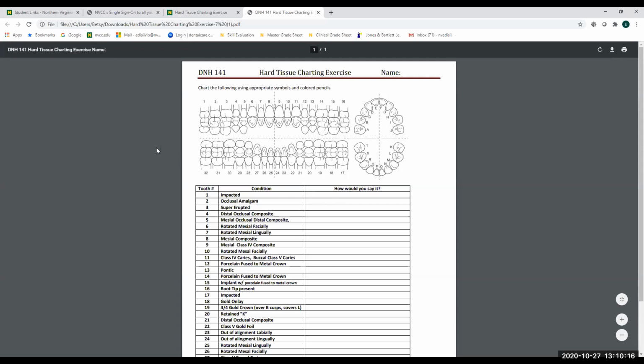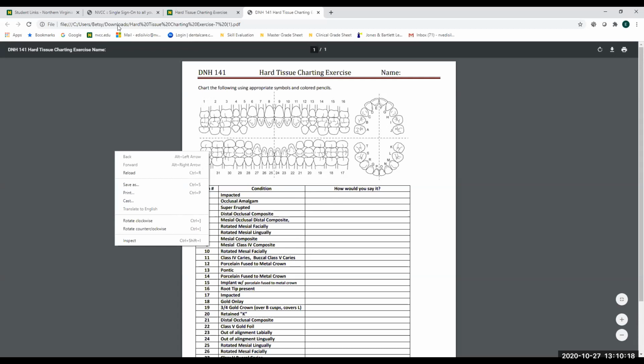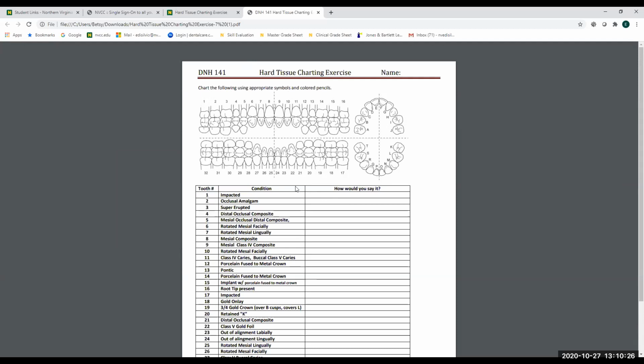Number two has an occlusal amalgam. So how would you be drawing an occlusal amalgam? You'd be drawing in an occlusal amalgam here, and you'd say number two, occlusal amalgam. Number three is super erupted. That's a straight line. Number three, super erupted. Number four has a distal occlusal composite.